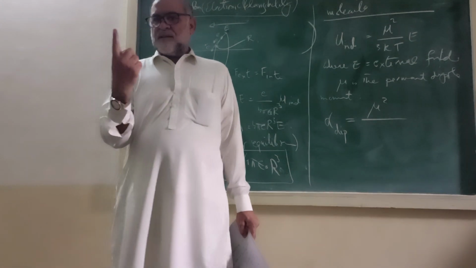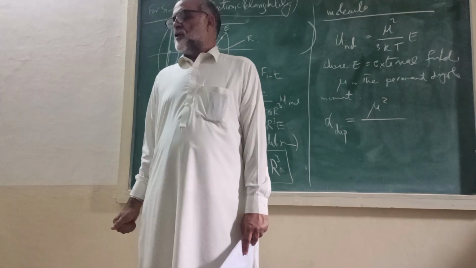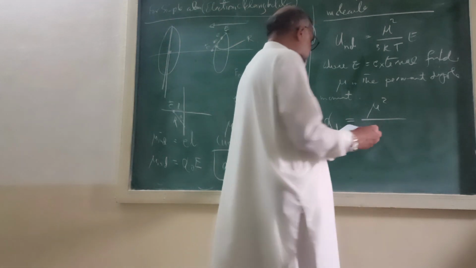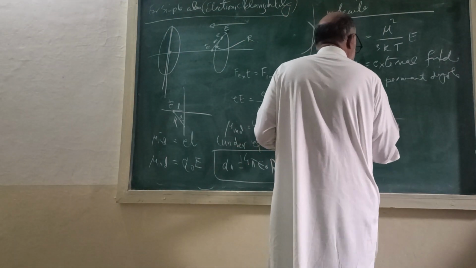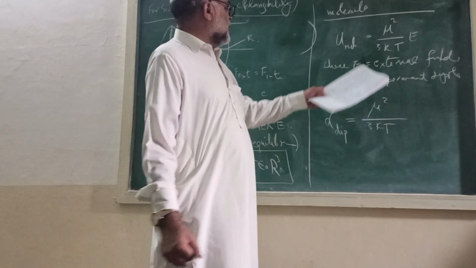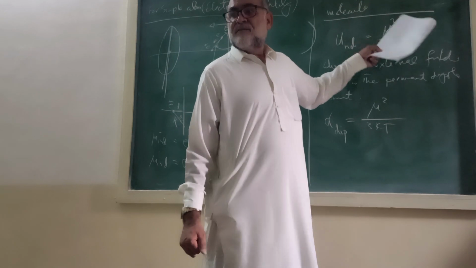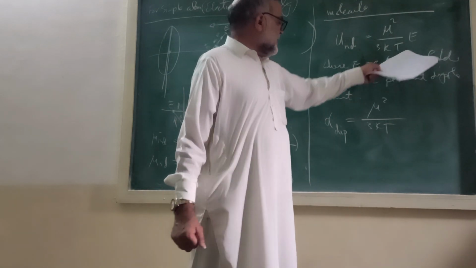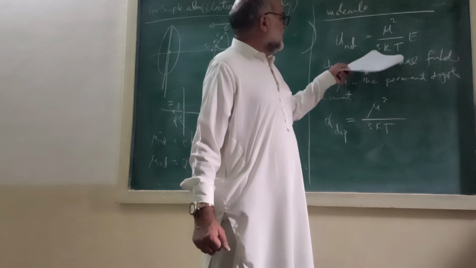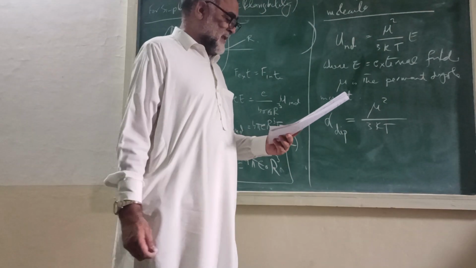The water molecule has a permanent dipole moment. That is the polarizability, because polarizability is alpha times E. So if we compare, we can say that alpha is equal to mu square divided by 3kT.